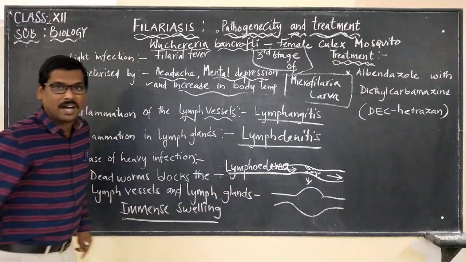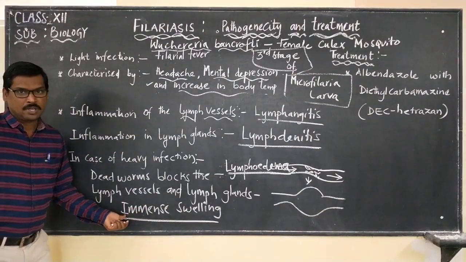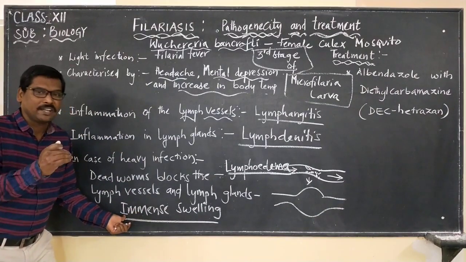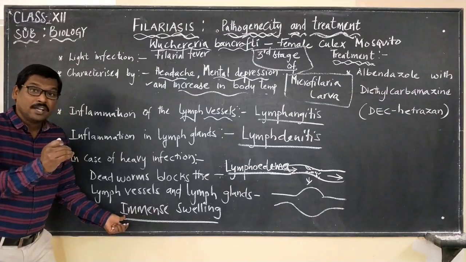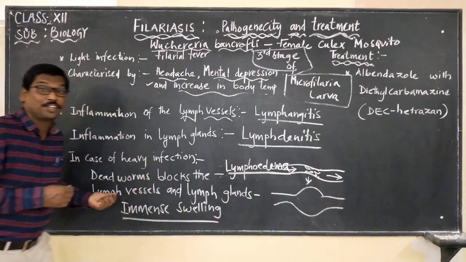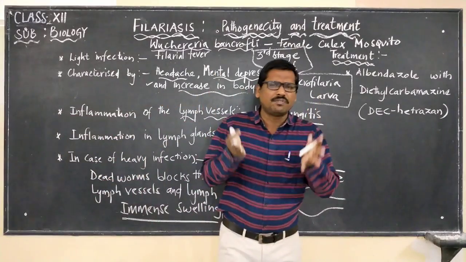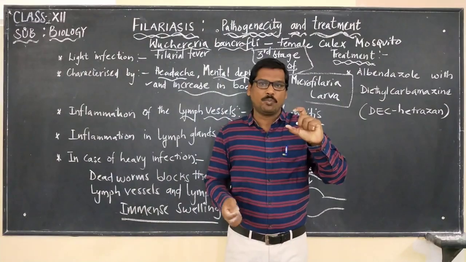Lymphoedema is the word used for immense swelling. This is seen when there is heavy infection, due to the accumulation of dead worms in the lymphatic vessels.